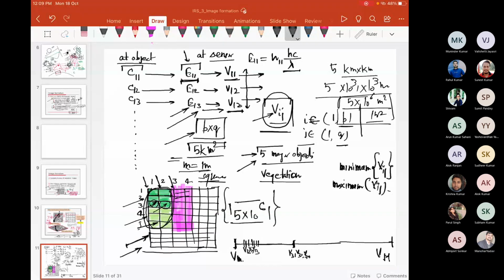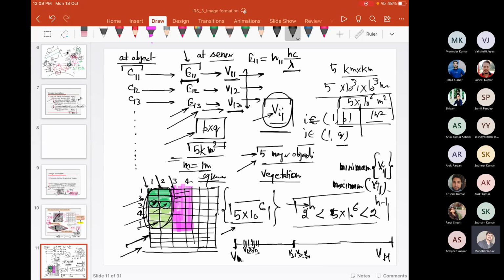So to calculate how many bits we need, you need to see 2 to the power n minus 1 less than 5 into 10 to the power 6 less than 2 to the power n. You need to solve this inequality. And obviously a very high number of bits will be required.